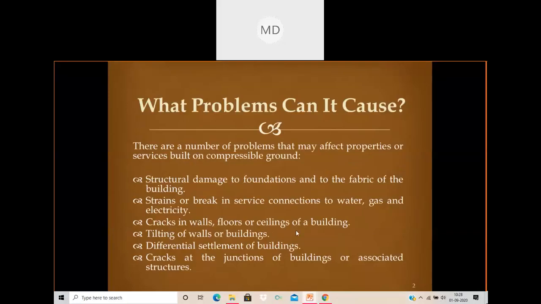So now, what problems can it cause? This soft deposit, what problems do they cause? Let us see here.